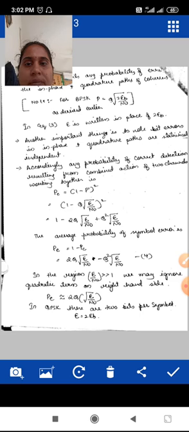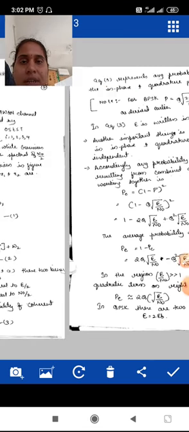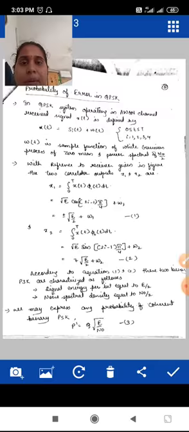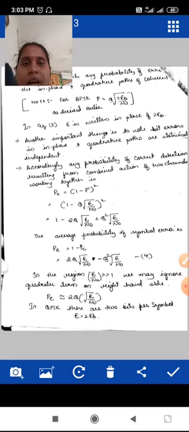Now we note that the bit errors are in the in-phase and quadrature phase channels. Whatever x1 of t and x2 of t we got, they are statistically independent. That is, they are not dependent on each other. The decision is not dependent on each other. Therefore, we can calculate the average probability of error.